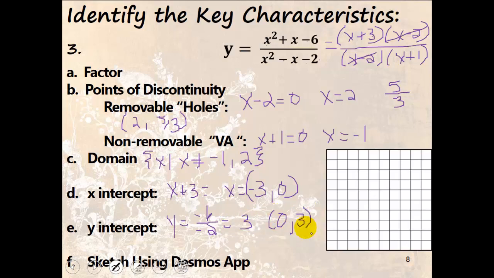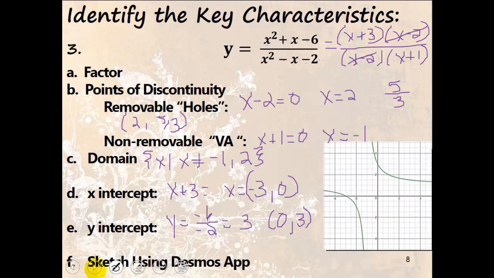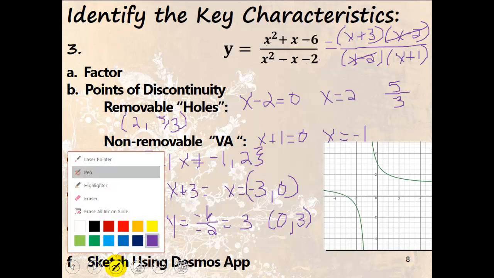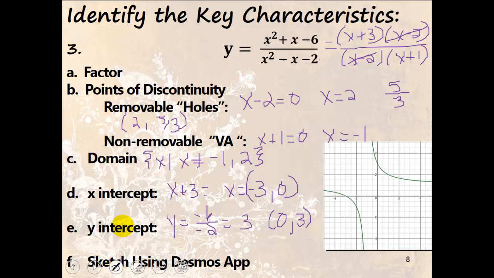And now I'm going to bring up my Desmos, okay? And then I have to put in my holes, and it's a good idea to mark our x and y intercepts as well, and our vertical asymptote. So my vertical asymptote is going to be here at x equals negative 1. Okay, then I have a hole at x equals 2 and then 5/3.